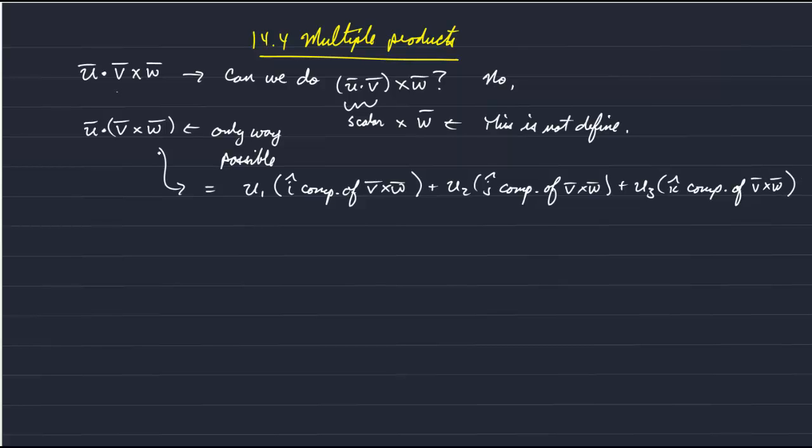And you know how to evaluate the cross product of v with w, again using the determinant of the matrix that I just described. So that was our first example.